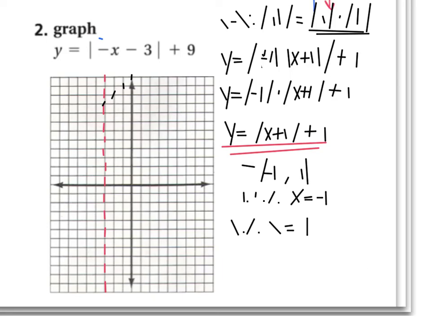Now all we need to do is use our property of symmetry to find the points on the other side. So up 1, left 1. And there's our graph. Questions? Are you sure?